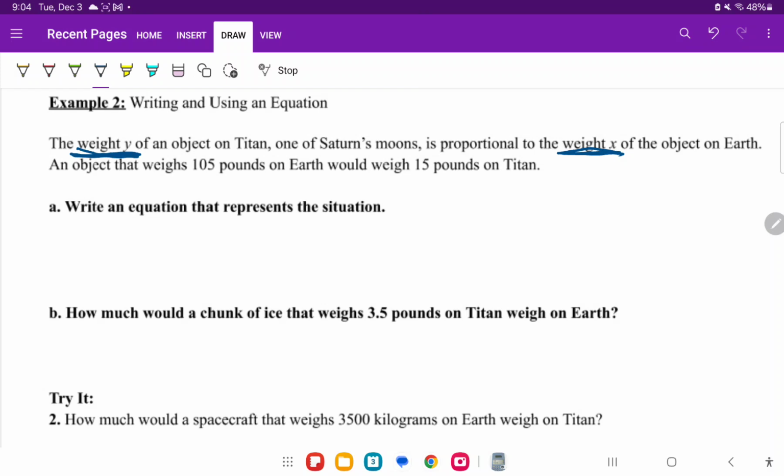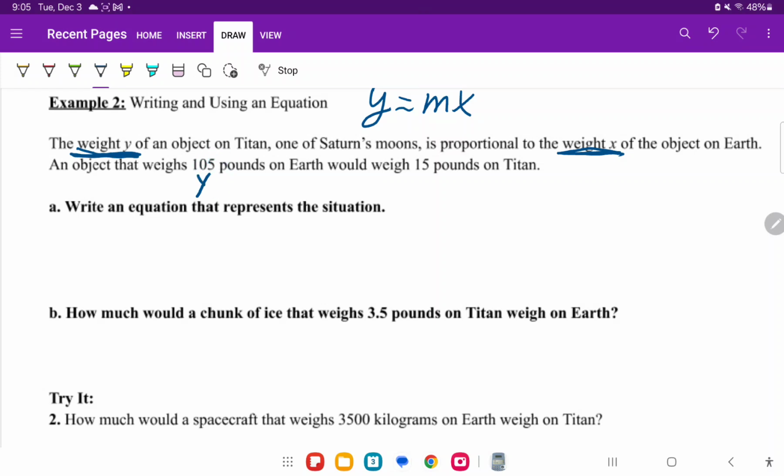Now, remember our general equation is y equals mx. So what did they tell us y was in this? The weight on Titan. So that's y.